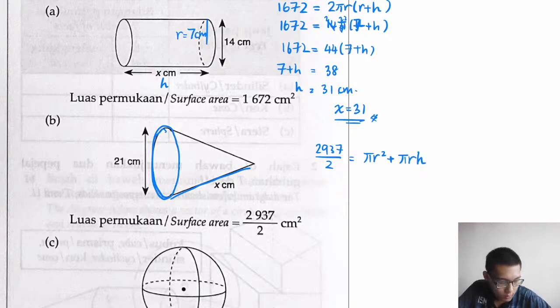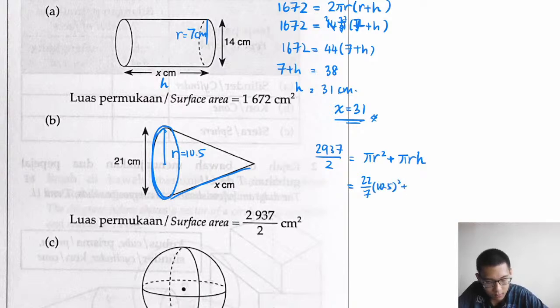We check this one, the radius is 10.5, where π we use 22/7 also. So actually we have 22/7 times 10.5 squared plus 22/7 times 10.5 h.